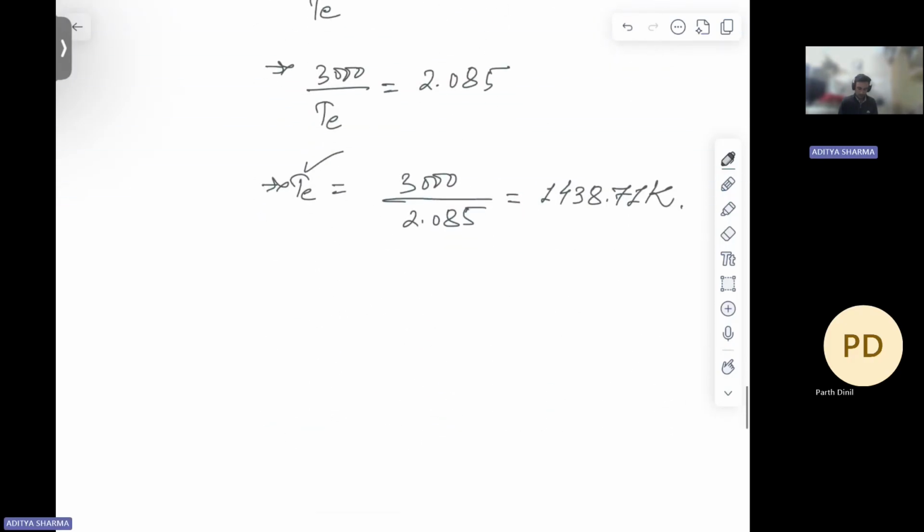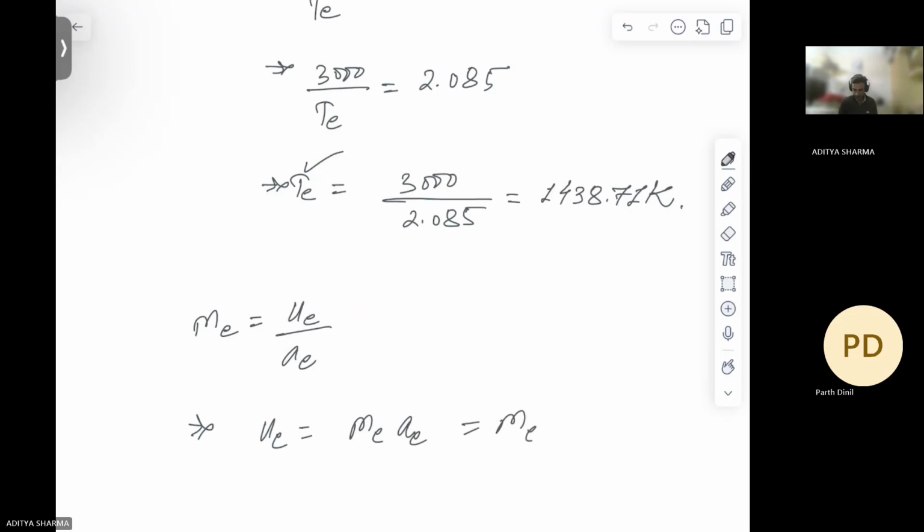So for velocity, what we needed is this, so that is the reason why we are calculating this TE, the static exit temperature.